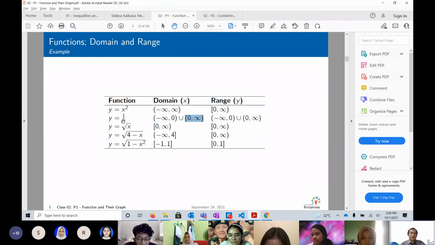And when the value of x is going to positive infinity, the value of y equals 1 over x gets closer to 0. That's why now the range is like this.